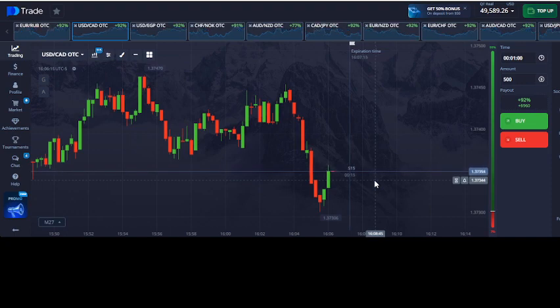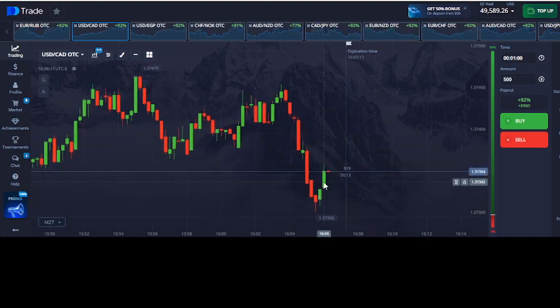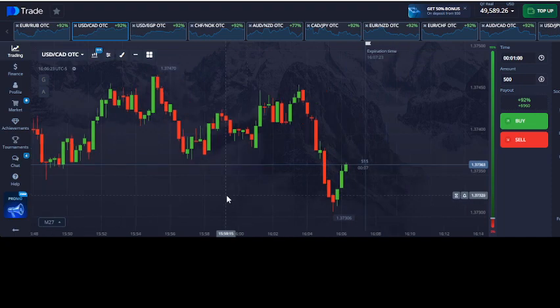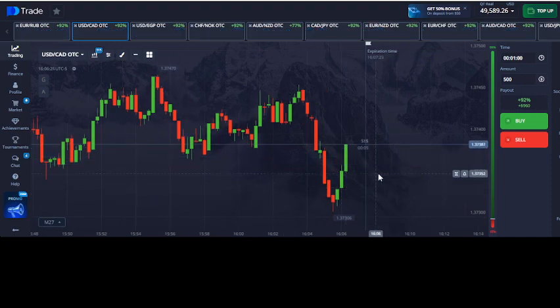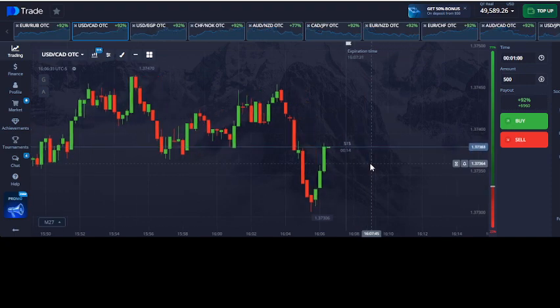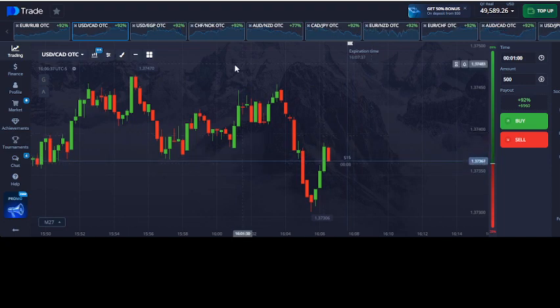If another gap formed, okay, it's just pushing a lot higher here. Let's keep an eye on this. All right, let's move on.